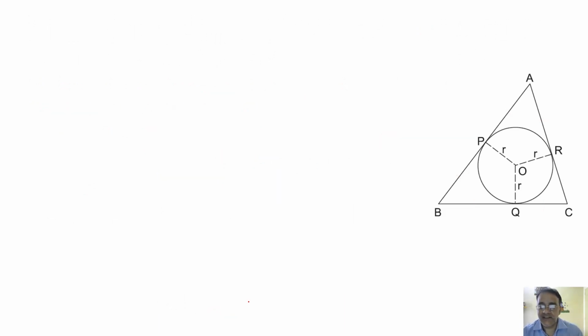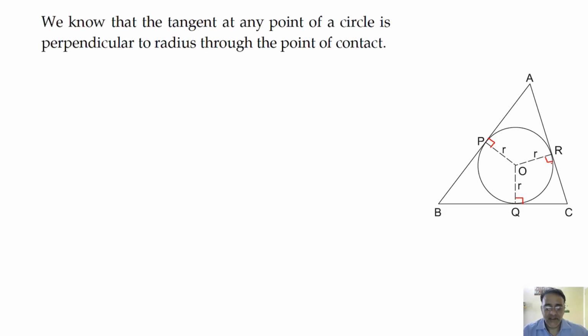Right. Now for the second one, we know that the tangent is perpendicular to the radius through the point of contact. Right. So this is 90 degrees, this will be 90 and this will also be 90. Okay. Right. Now what we will do, we will join OA, OB and OC.